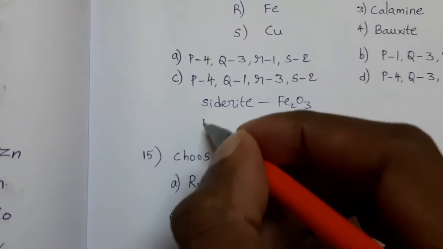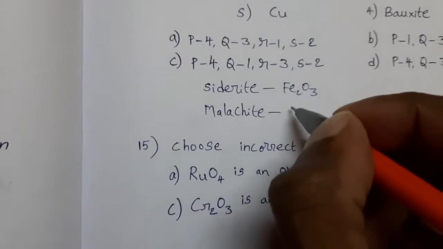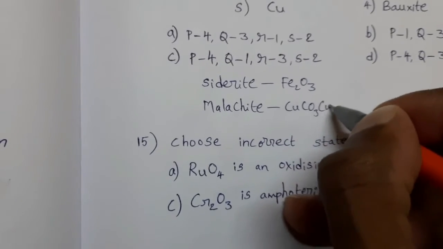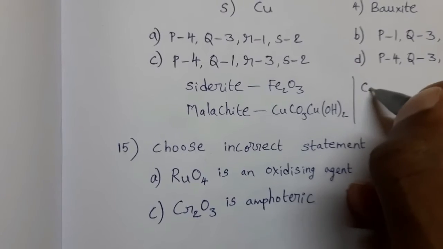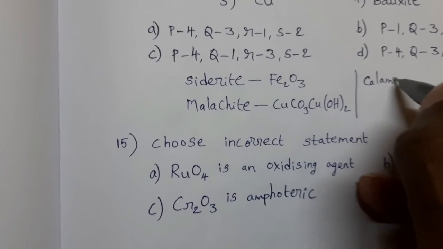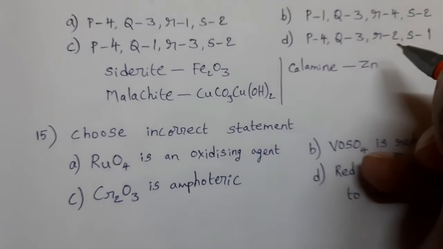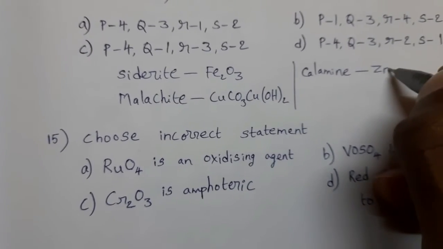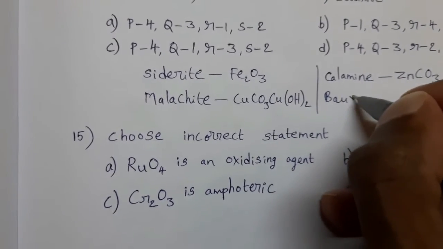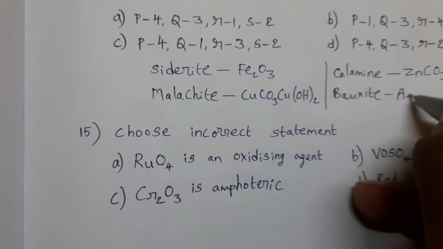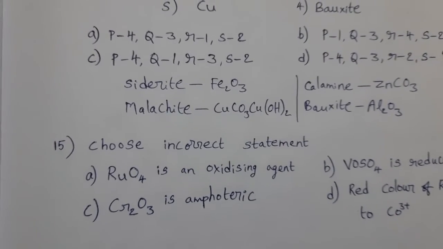Malachite, CuCO3 Cu(OH)2, and calamine, ZnCO3. Calamine is ZnCO3, and bauxite, Al2O3. So then what is the suitable option?